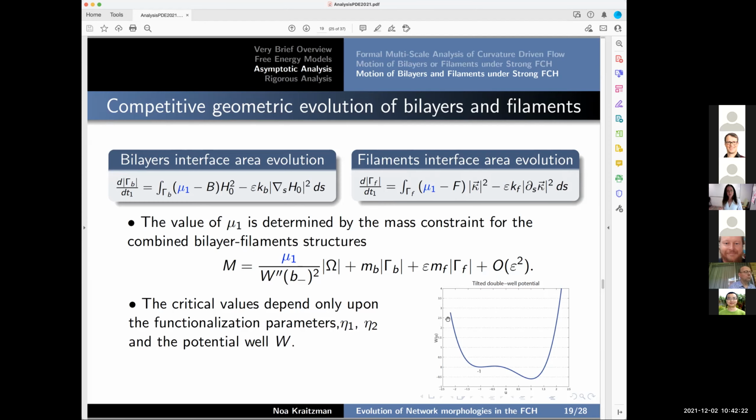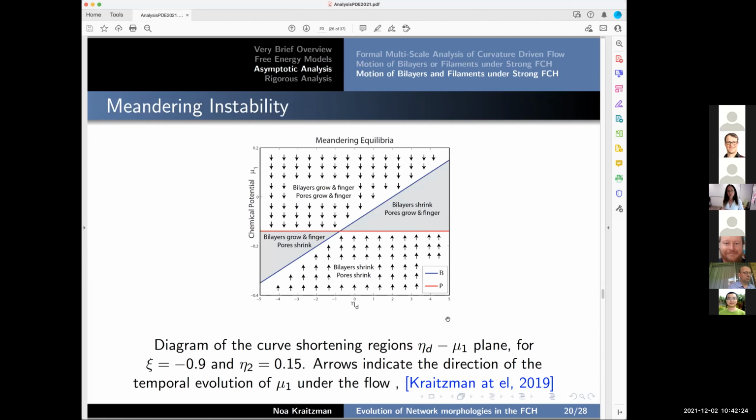So let's see some. Okay, fixing W and eta 1, we can change eta 2 and find the values of F and B. The blue line is the line for the bilayers, and the red line is the line for the filaments. Both structures are stable below their line and unstable above.